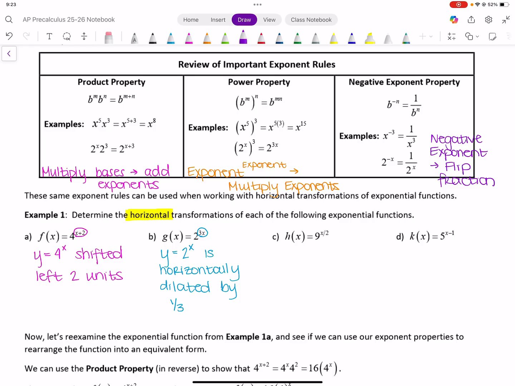Then for C, we have h of x equals 9 to the x divided by 2. So once again, we would normally think it is compressed, but since it's with x, it is the opposite, so it is being stretched by a factor of 2. Our original function would have been 9 to the x power.